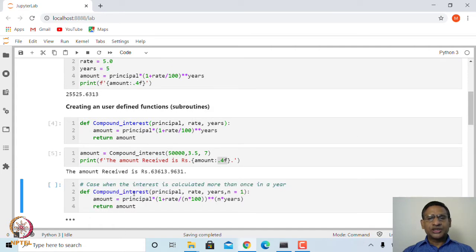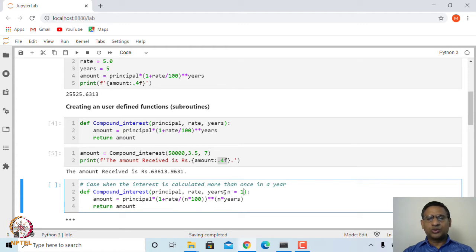Now, suppose you want this compound interest to be calculated not annually, but quarterly or every month, etc. In that case the number of times compound interest is calculated per year, we can give as another argument n equal to 1, and this is a default parameter.